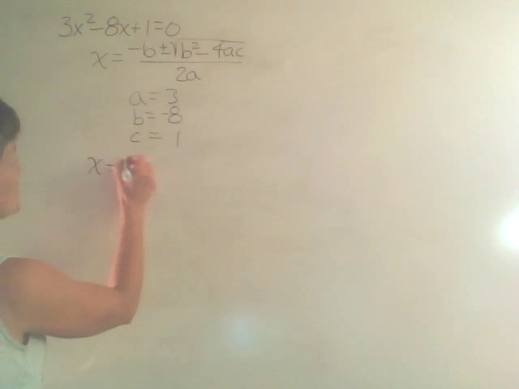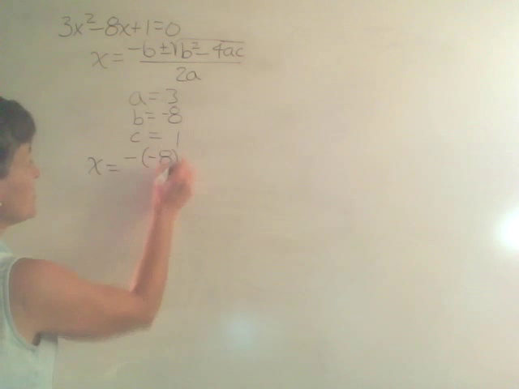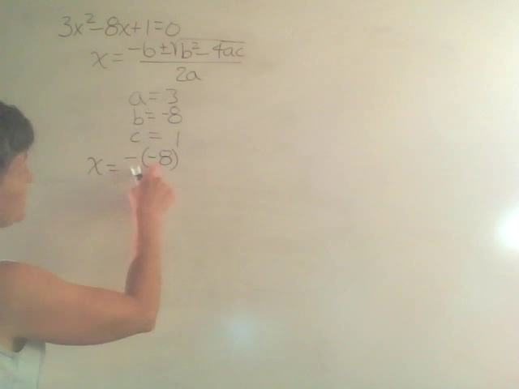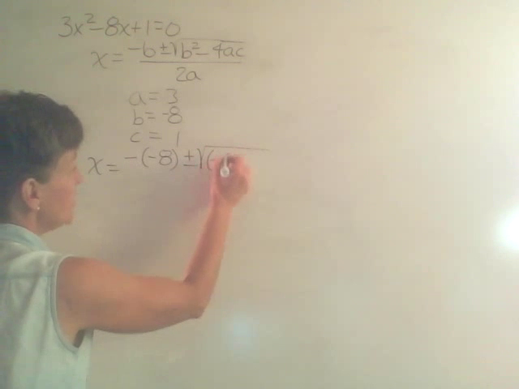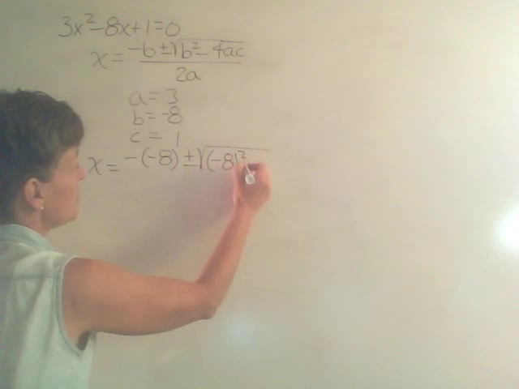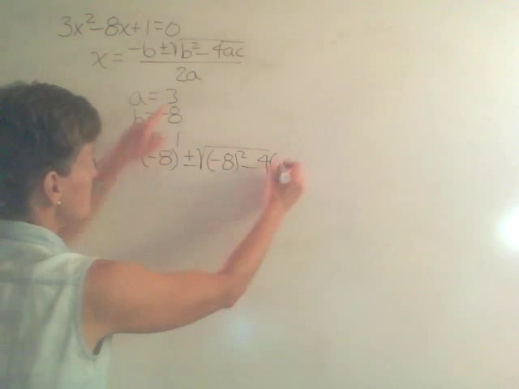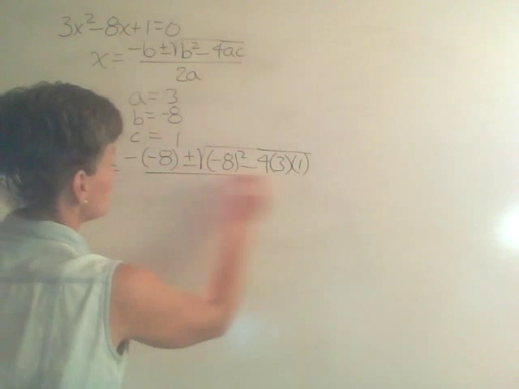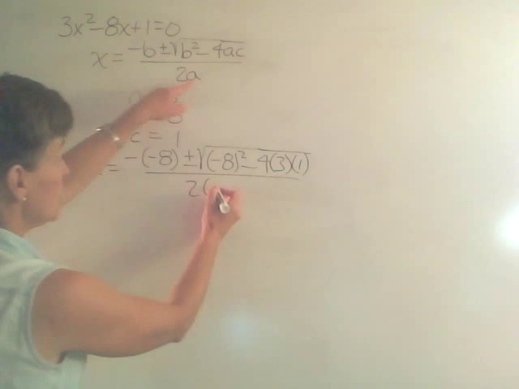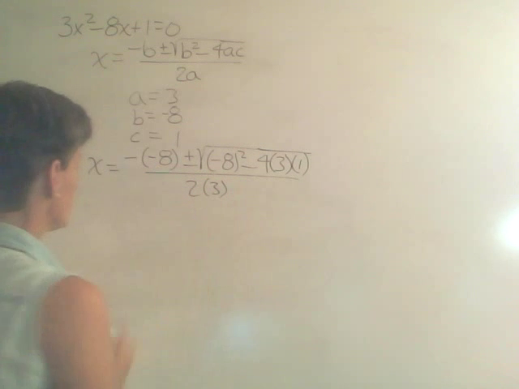All right, so x equals negative 8. You see this is my negative, and then b, plus or minus my square root of negative 8 squared minus 4 times 3 times 1, all over 2a, which is 2 times 3.